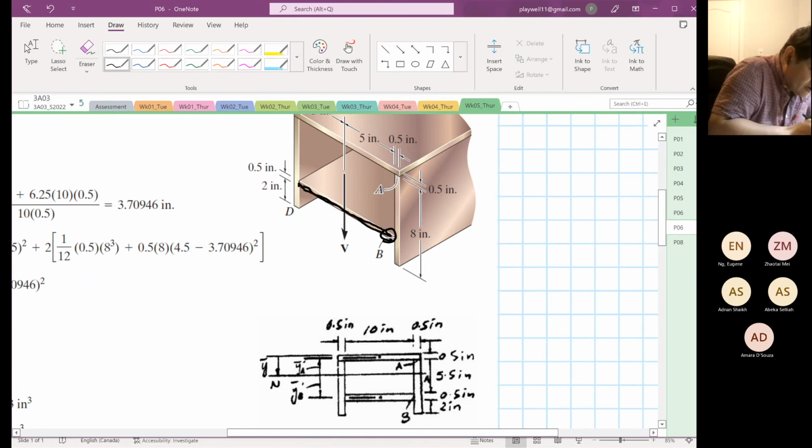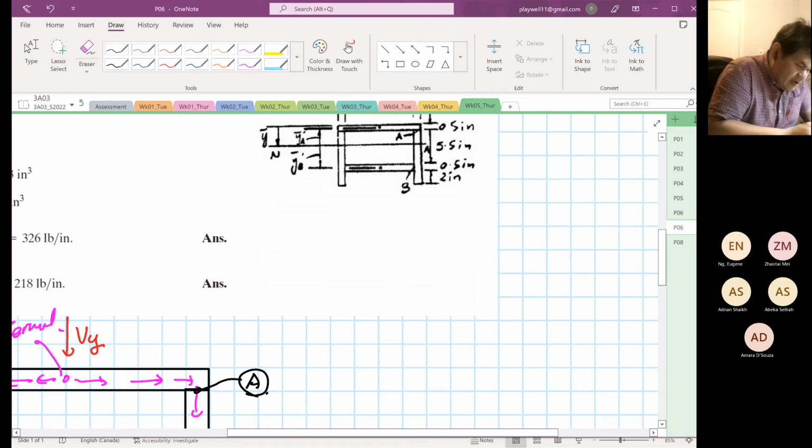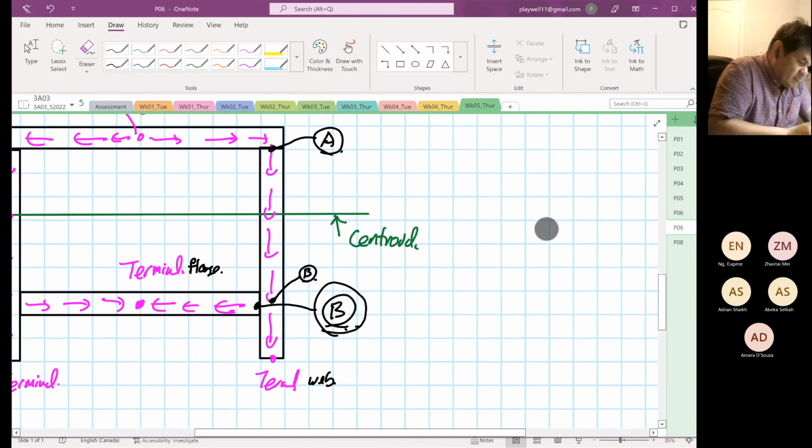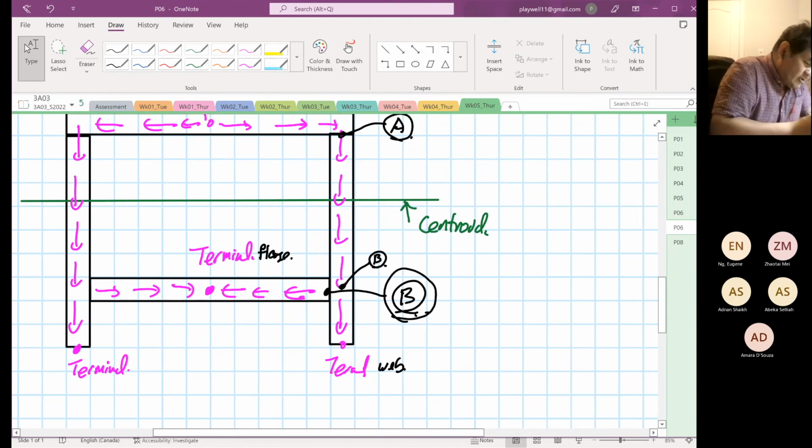This is the shear flow that the member is carrying at point B. If the question is asking you to find at this point down here, if this is your point B over here, then it will be at your web. But this is more focused on the flange. So that is why for this case, you take this area over here.